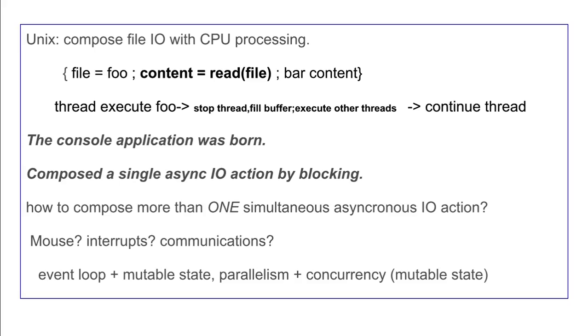So at the time of Unix in the 60s, there was a revolution in operating systems, so that the operating system managed to compose long-running I/O with processing. So we can call a reactive operation like any other procedure, in the middle of normal computations with CPU usage.